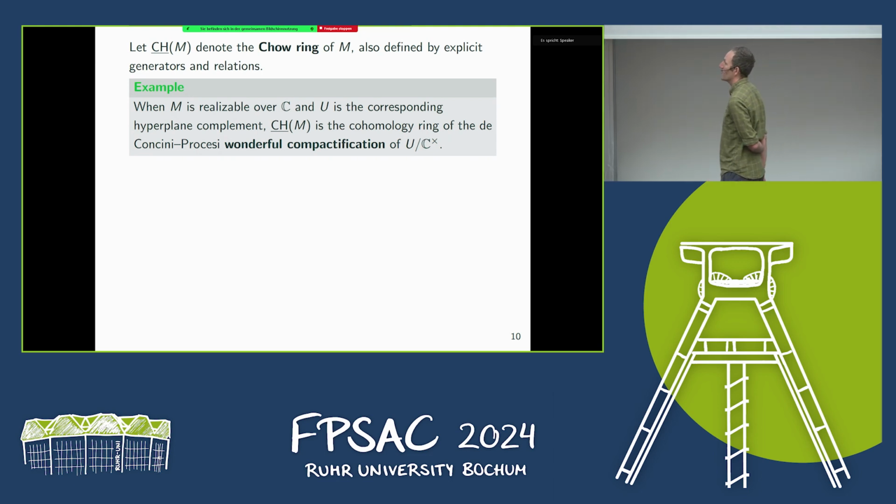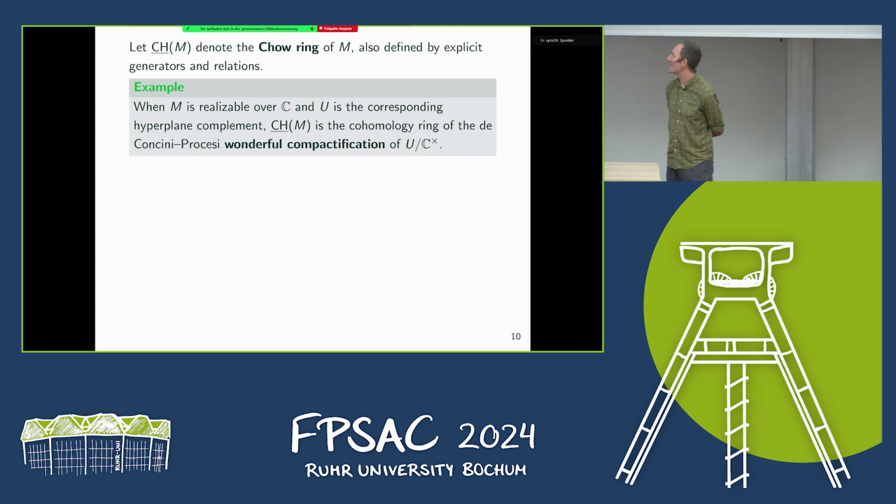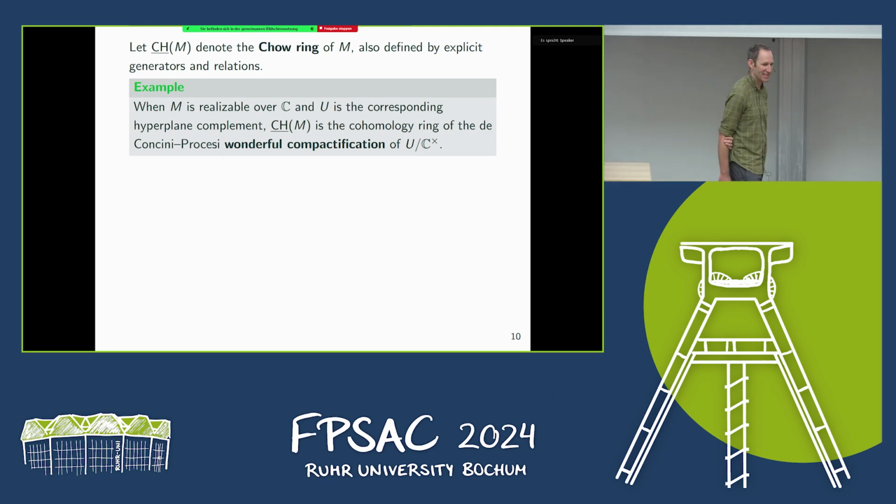So when M is realizable over C and U is the corresponding hyperplane complement, this is the cohomology of some compactification of the projectivization of U. So I take U and I mod out by scalars, and then I compactify that in a nice way. It's called the wonderful compactification, and I take the cohomology of that.